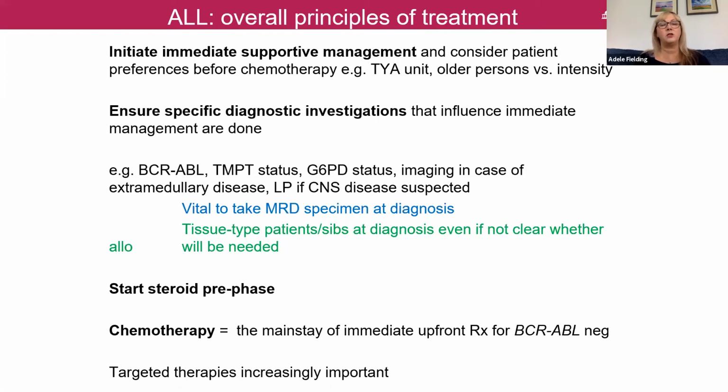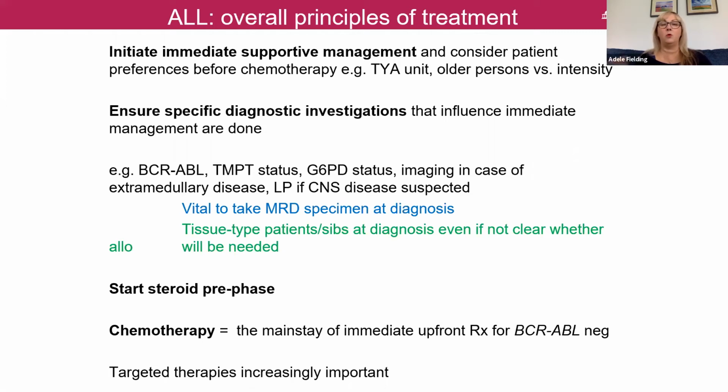We try to figure that out at diagnosis, because it allows us to tailor the dose to be appropriate for the patient. If we suspect patients might have disease outside of the bone marrow, we might want to do some imaging to find out where that is, whether the liver, the spleen or the lymph nodes. And sometimes in ALL, people can have disease in the central nervous system, and if we suspect that, we would do a lumbar puncture at diagnosis.